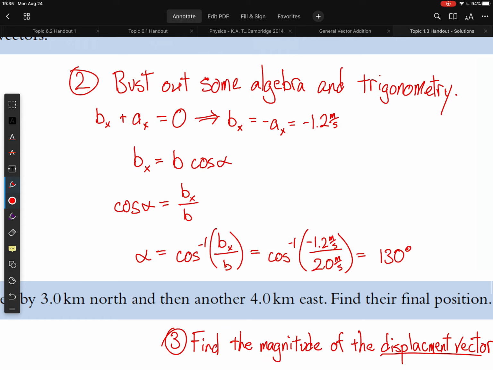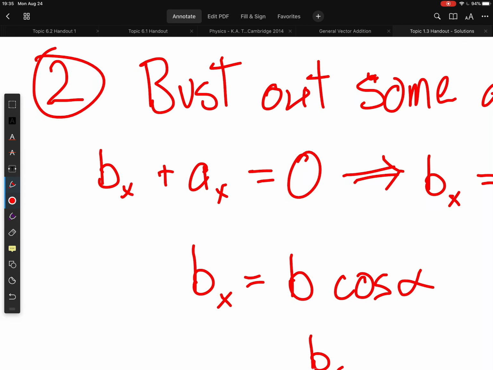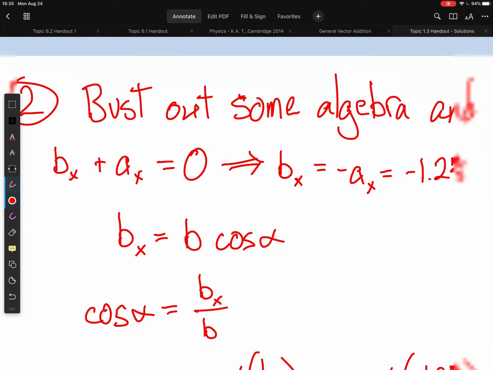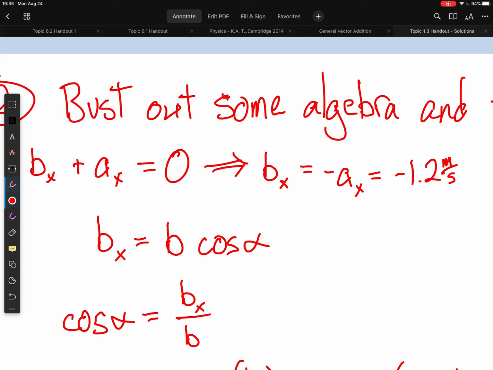Okay, so that means the sum of our horizontal components must be equal to 0. And that tells us that b_x, the horizontal component of b, is equal to the negative of the horizontal component a_x. And we have a value for that. Okay, so that value is negative 1.2 meters per second.